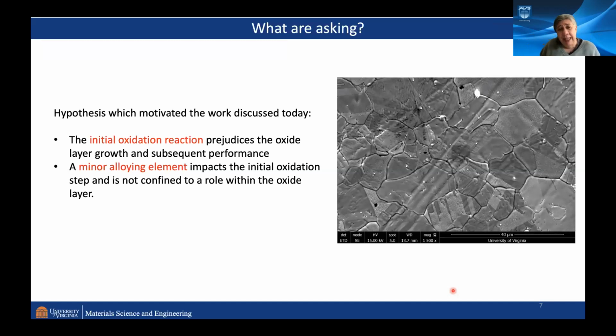So the other question we are asking in our work here is, if we add this minor alloying element, what actually happens? What does that change in my oxidation process? And these are questions which are big questions.